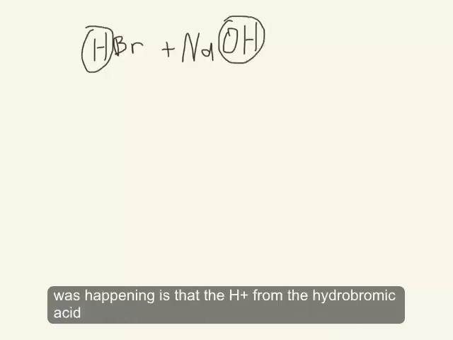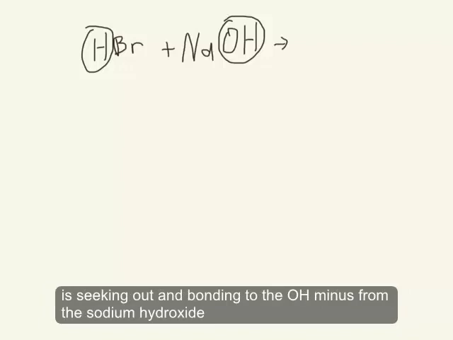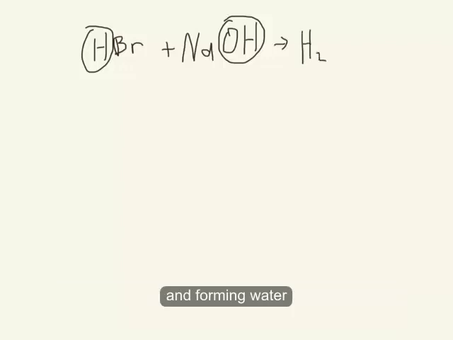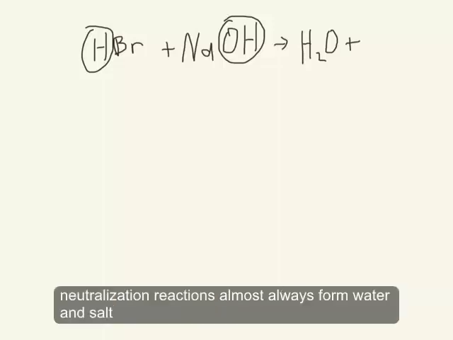What's happening is the H+ from the hydrobromic acid is seeking out and bonding to the OH- from the sodium hydroxide and forming water and a salt. Neutralization reactions almost always form water and a salt.